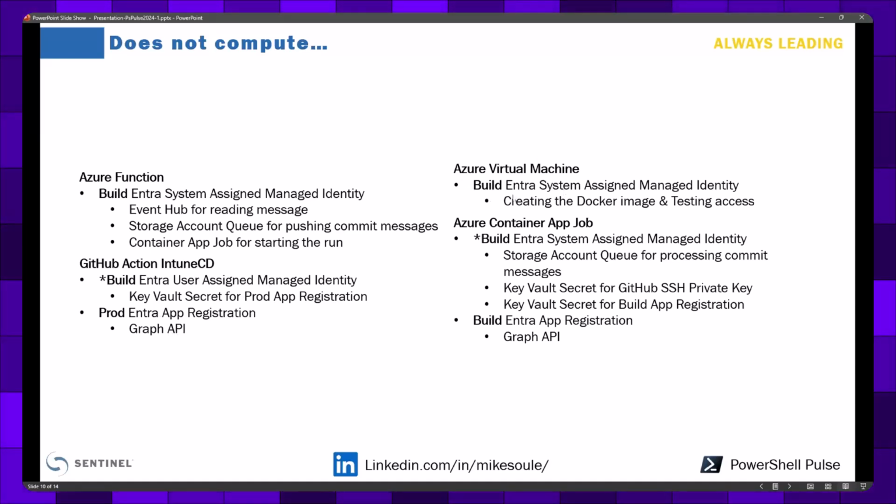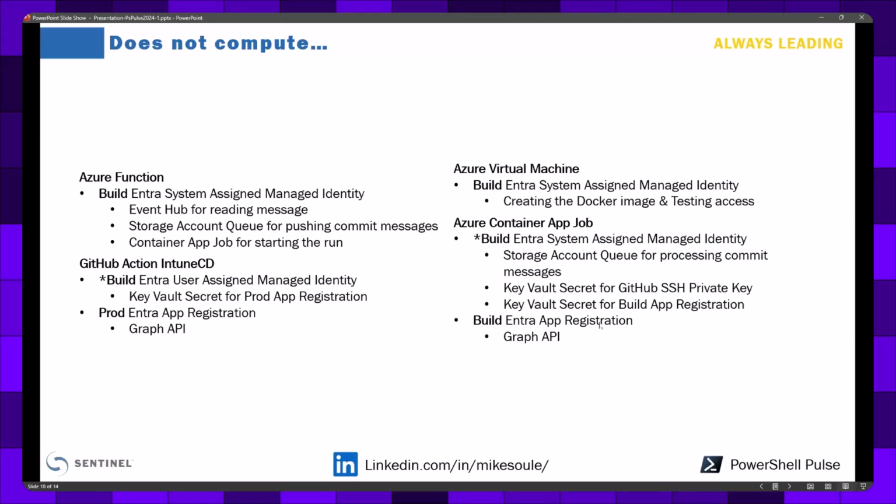The Azure Virtual Machine, this is in the build environment. That's using a system managed identity, and that identity is just there. So when you create your Docker image, you can push it to your Azure Container repo and do all your testing access. Your Azure Container App job, that's another system managed identity, and that's, again, using that build managed identity, but this is where, again, you'd want to separate that secret, this key vault secret, into a runtime pull, so it's not baked into your Docker layers.